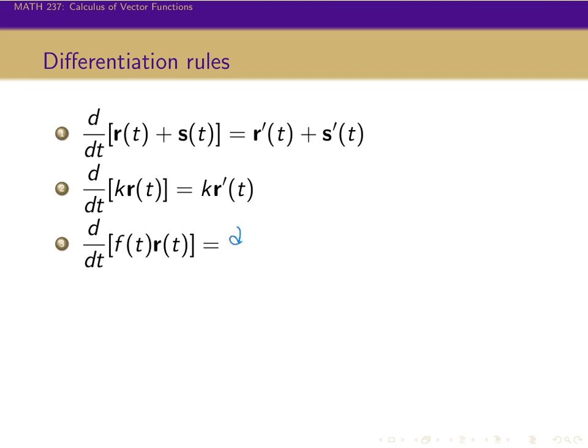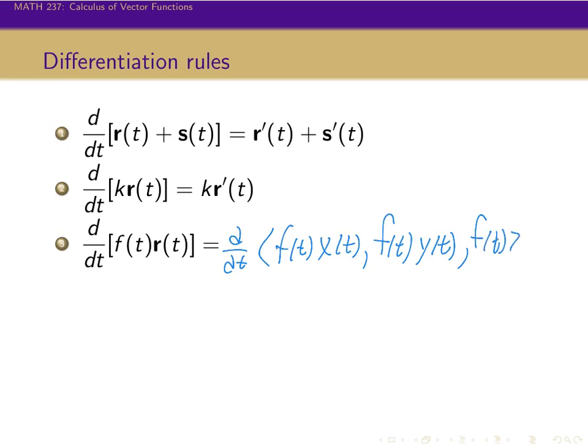And so here we'd be talking about taking the derivative of it, where f gets multiplied to each component. Okay, so now when we take the derivative component by component, in each component we have a product. So we're going to have to use the product rule to do it.